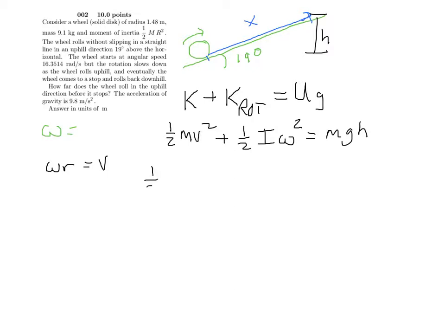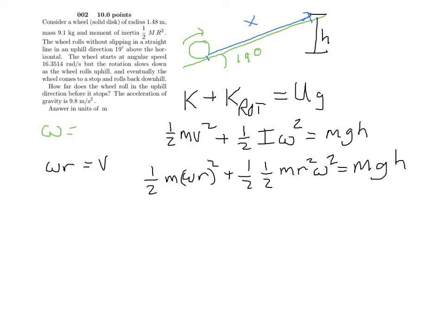So I'm going to have 1/2 of m times (omega r) squared plus 1/2 of, now what was I? I is 1/2 mr squared. So that's going to be another 1/2 mr squared times omega squared equals mgh.